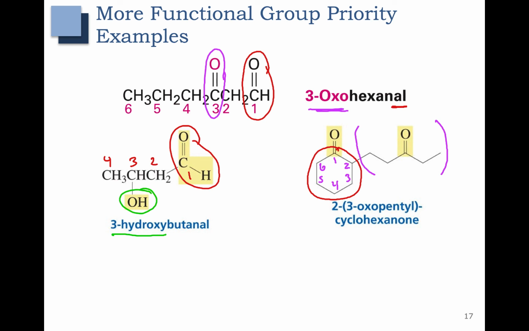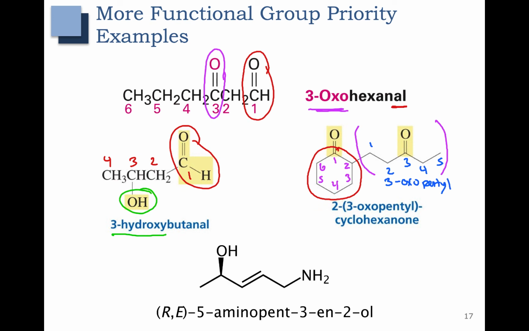You'll notice that with this piece, it doesn't matter where the ketone is. We have to number from the point of attachment to the ring. So this whole piece then becomes a 3-oxopentyl group. And it is attached to the cyclohexanone at position 2.